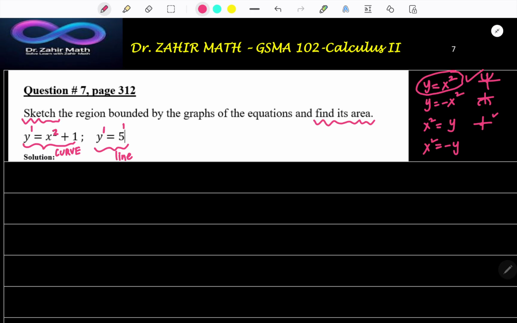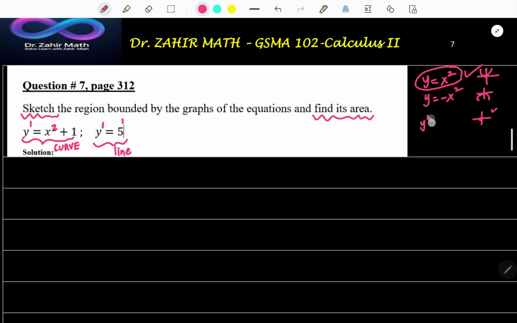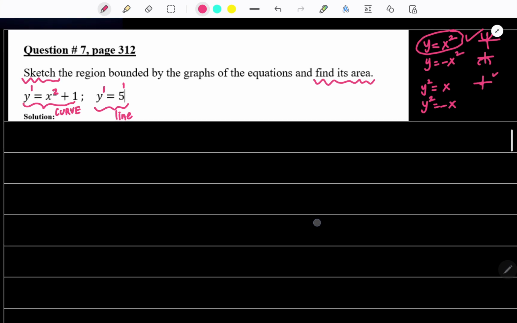So that's the main thing. Also y squared equals x and y squared equals minus x. Okay, so let us start this one.